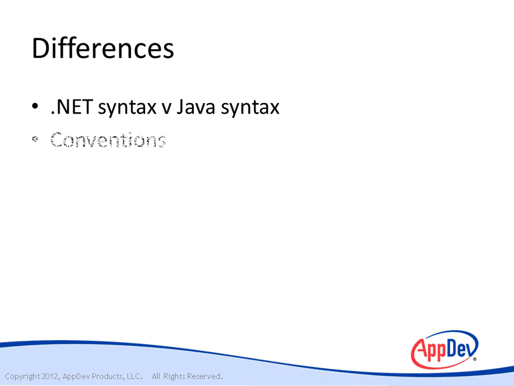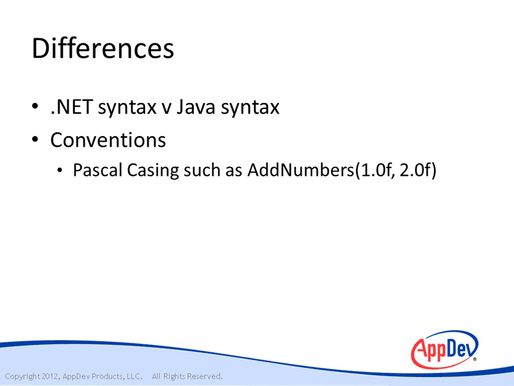Another thing to remember is that we're going to have some conventional differences, such as our casing. In .NET, we're used to what's termed Pascal casing. Here's an example: AddNumbers, where the two words, even though they are shoved together, are both capitalized.